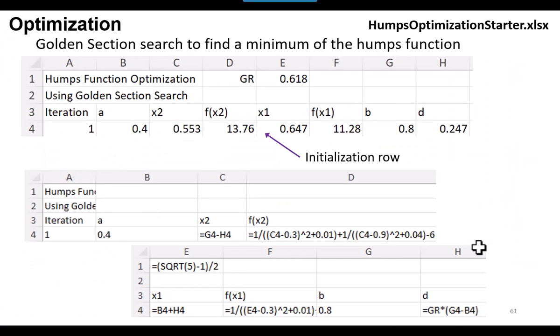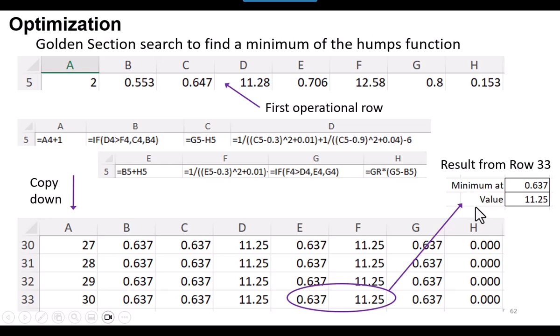So this is how we set up pretty much the initialization row, and I've provided you on the slide here exactly what the formulas are, just in case you need to check that. And then we moved on and we built the first operational row, and we show the formulas here, and the critical ones are the two if statements.